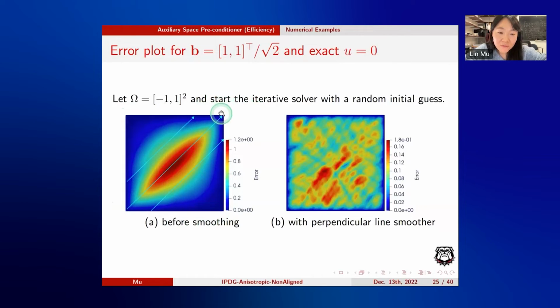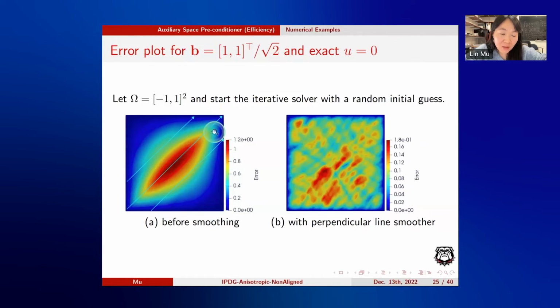For this problem, the exact solution is just 0. We perform the solver with a random initial guess and use our preconditioner several times, for example 4 iterations, and plot u_h minus 0, which is the error. Okay, so here is the error plot. As we can see, the error is actually stretched along this b direction.